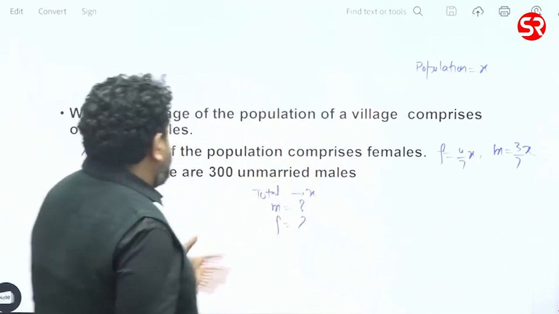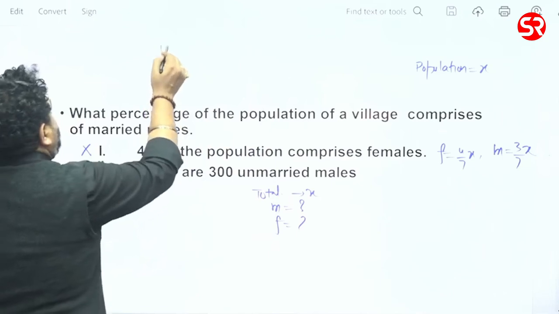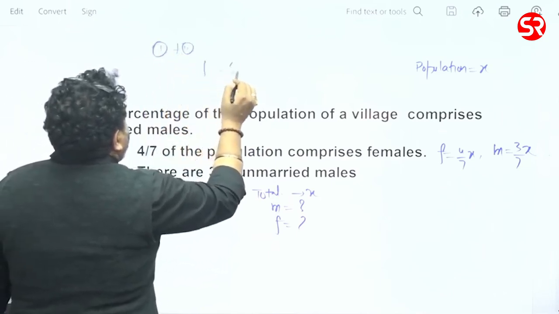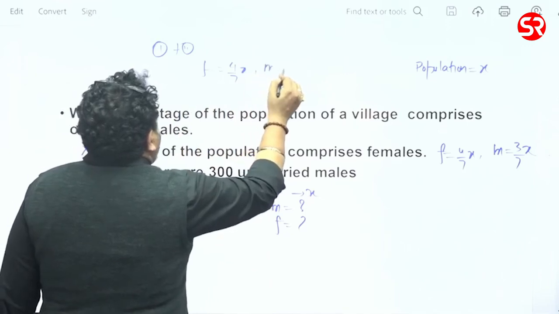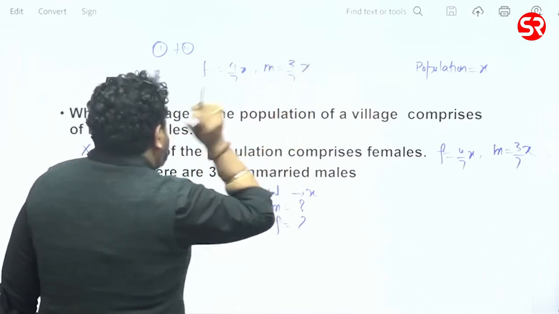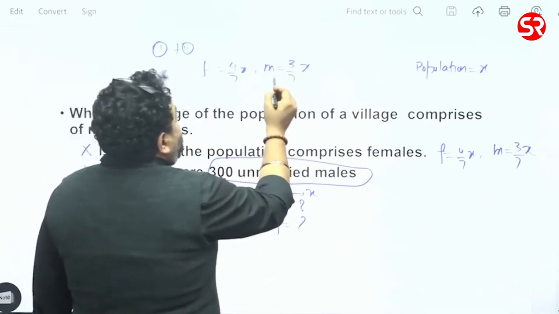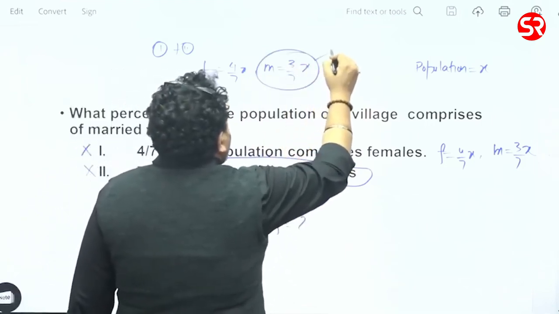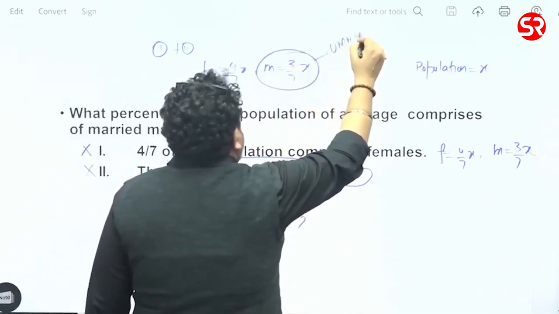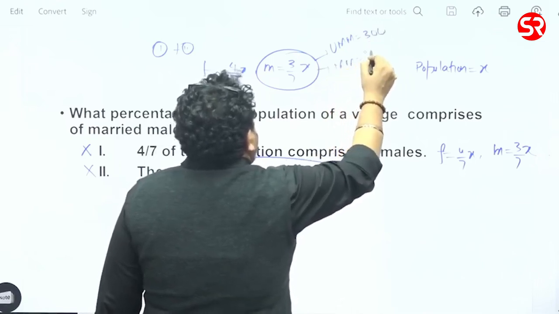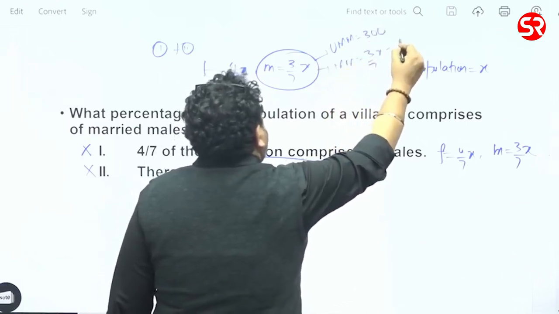Then again, let's see, if you mix 1 and 2, then females are 4/7 times X, males are 3/7 times X, and then out of these males, 300 are unmarried males. So males are these, unmarried males are 300. So married males would be how many? 3/7 times X minus 300.